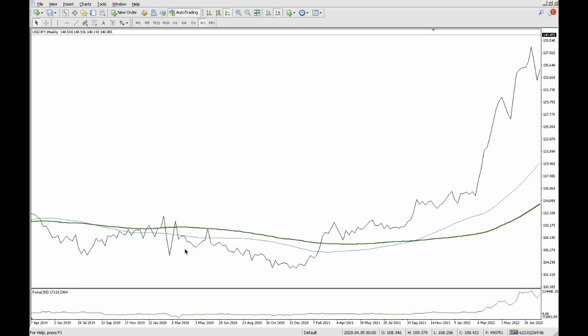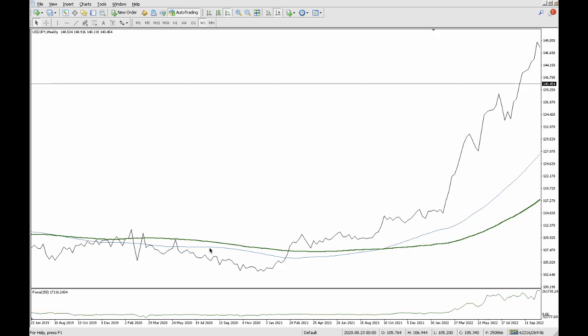And once this set of conditions are met, we are automatically going into a sell position, and you're going to hold that sell position until one or all of these conditions have been invalidated.